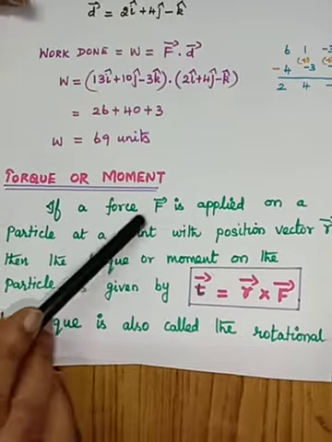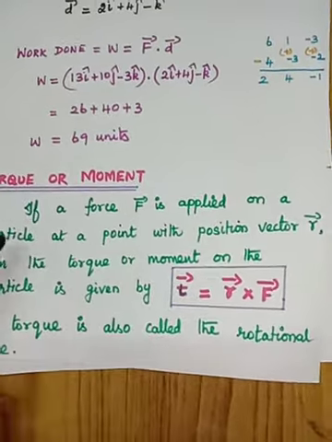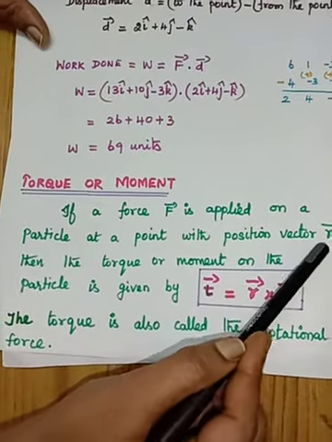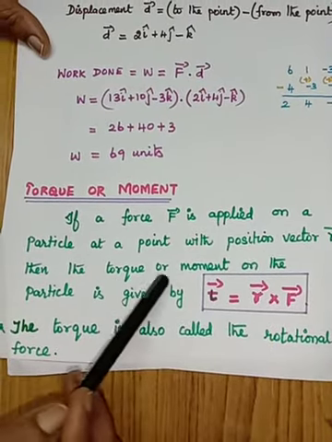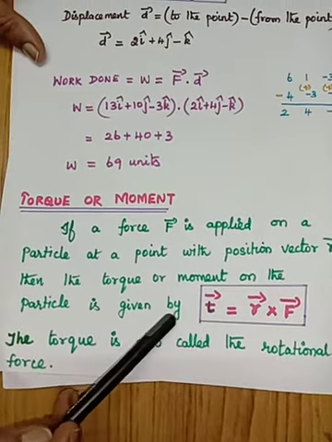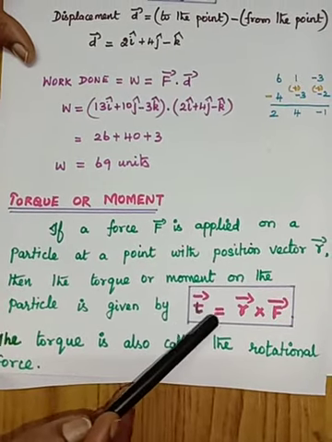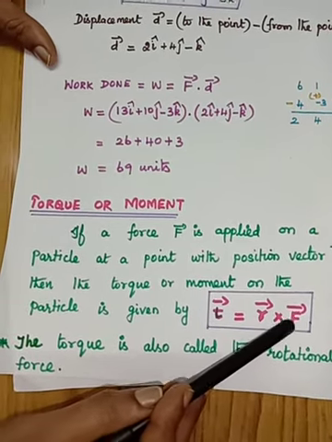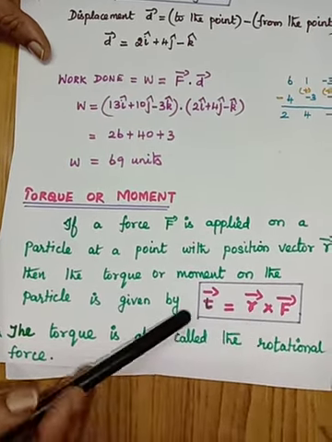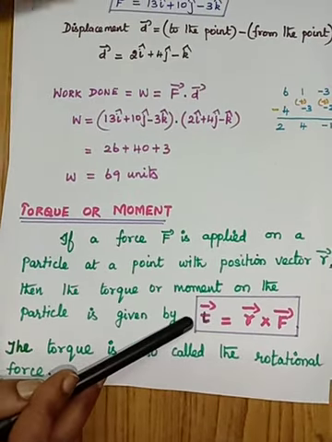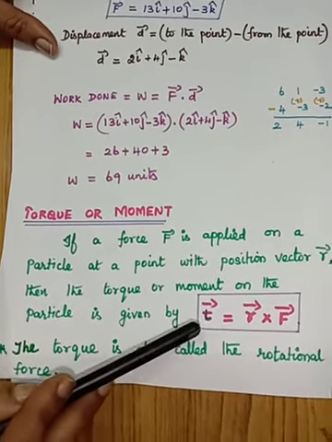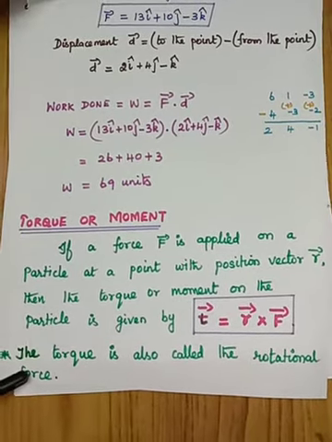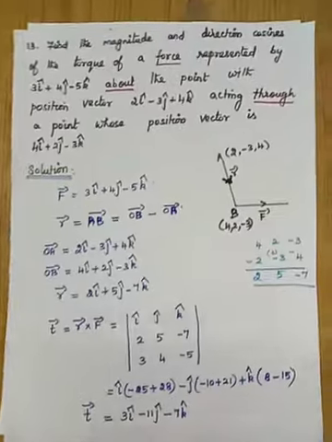If a force F vector is applied on a particle at a point with the position vector R vector, then the torque or moment on the particle is given by T vector is equal to R vector cross F vector. So here using cross product, we are going to find the moment or torque of a force. So the torque is nothing but the rotational force. You see how we are going to use in the problem.